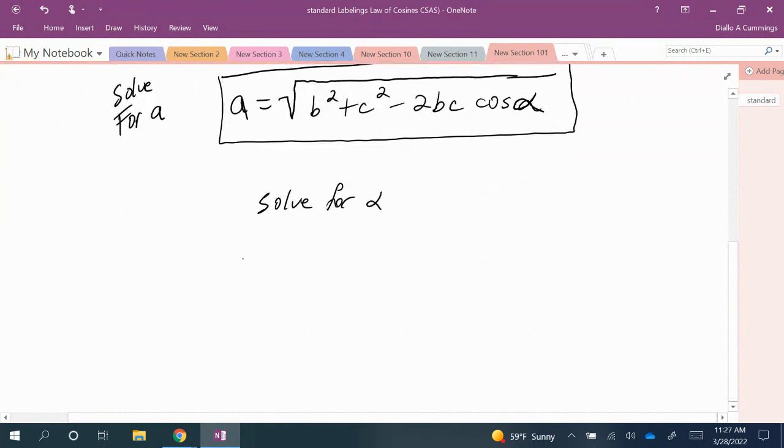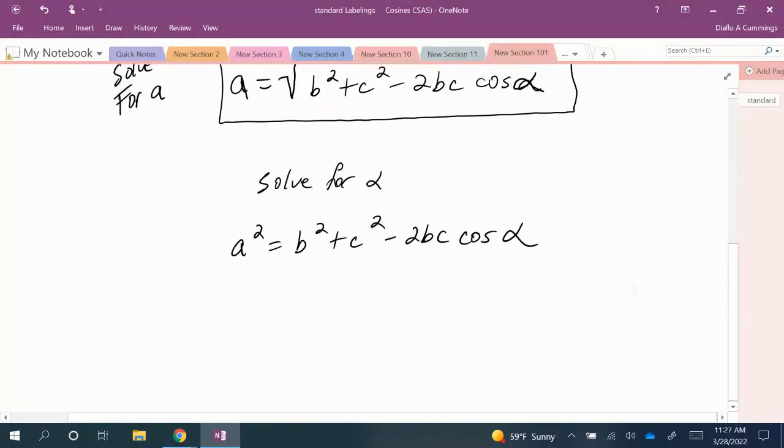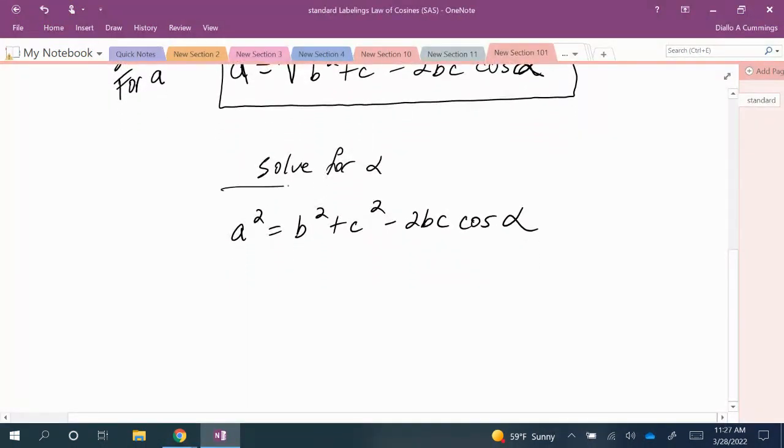So I'm going to go back to the original formula: a squared is equal to b squared plus c squared minus 2bc times the cosine of alpha. I want to solve for alpha, so I'm going to subtract b squared and c squared from both sides. So I have a squared minus b squared minus c squared is equal to negative 2bc times the cosine of alpha.